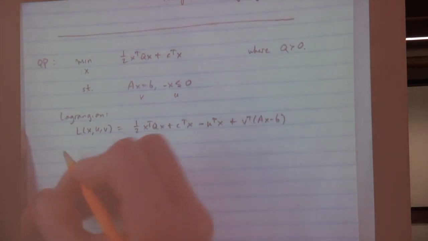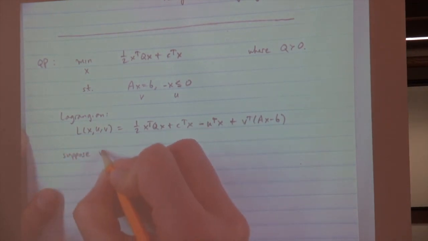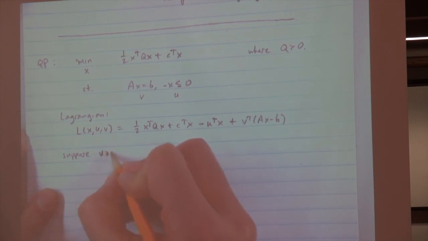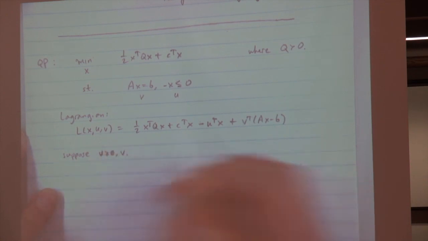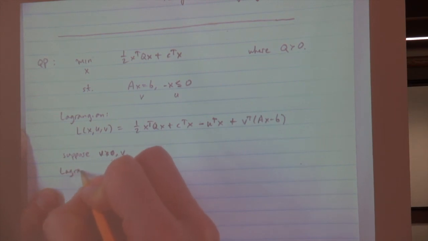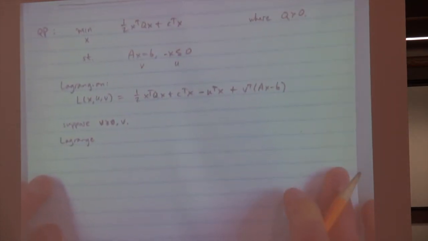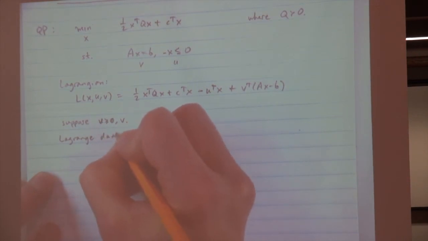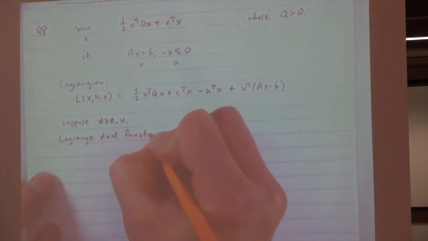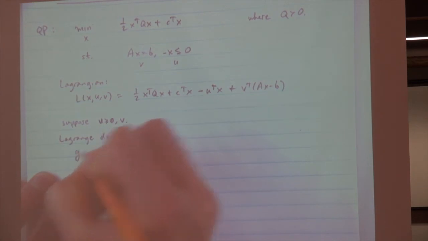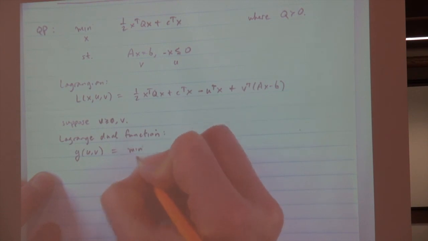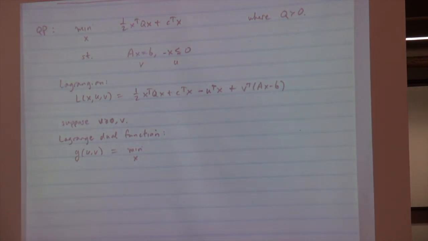And now I'm going to say that suppose v was anything and u was something bigger than or equal to 0 in each component, then the Lagrange dual function I get by minimizing this over all x. So let's rewrite that so that we can figure out how to do that. Let's rewrite this as itself a quadratic.